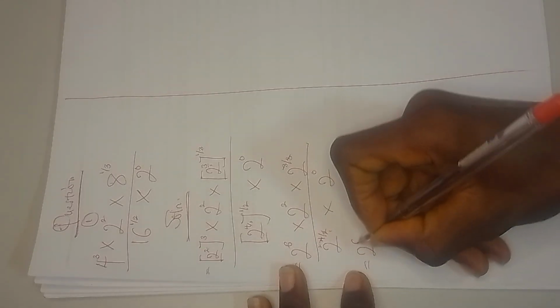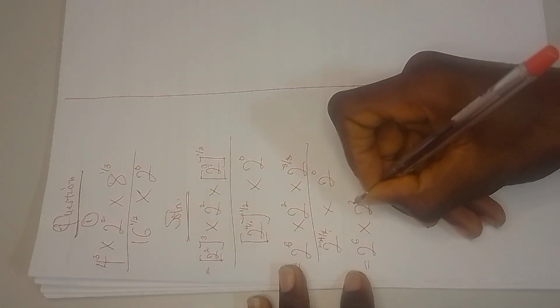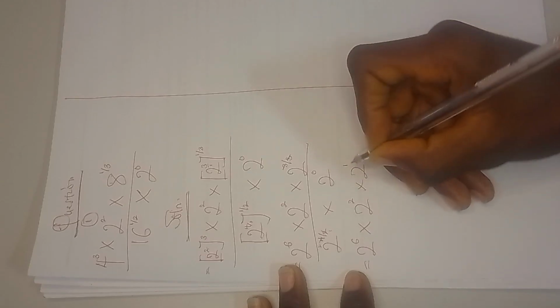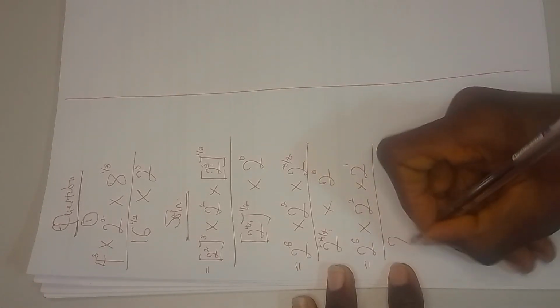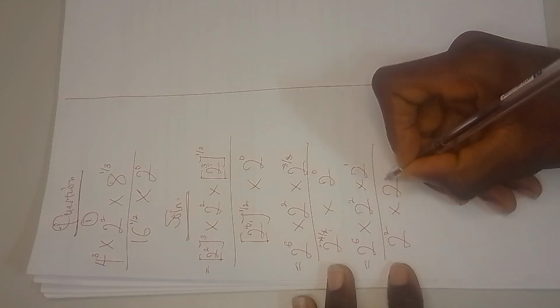You have 2 raised to the power of 6 multiplied by 2 raised to the power of 2 times 2 raised to the power of 1, over 2 raised to the power of 2 times 2 raised to the power of 0.